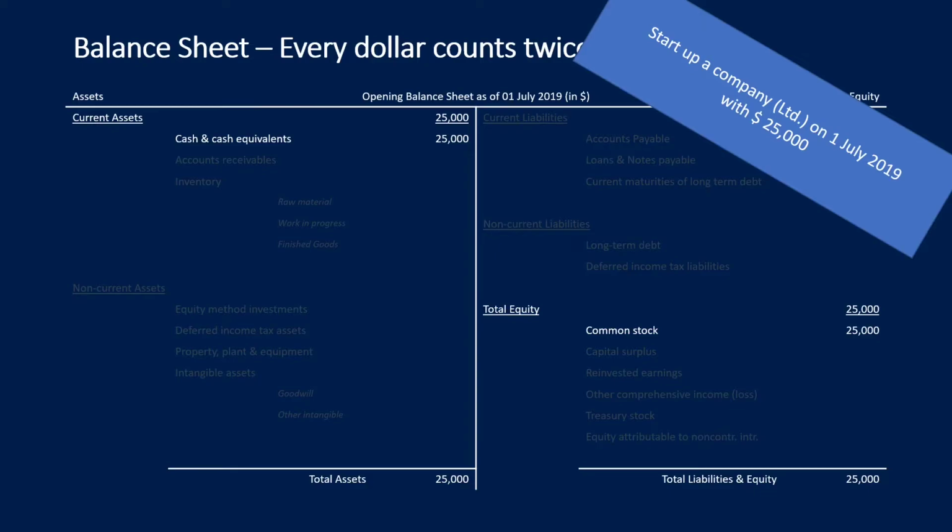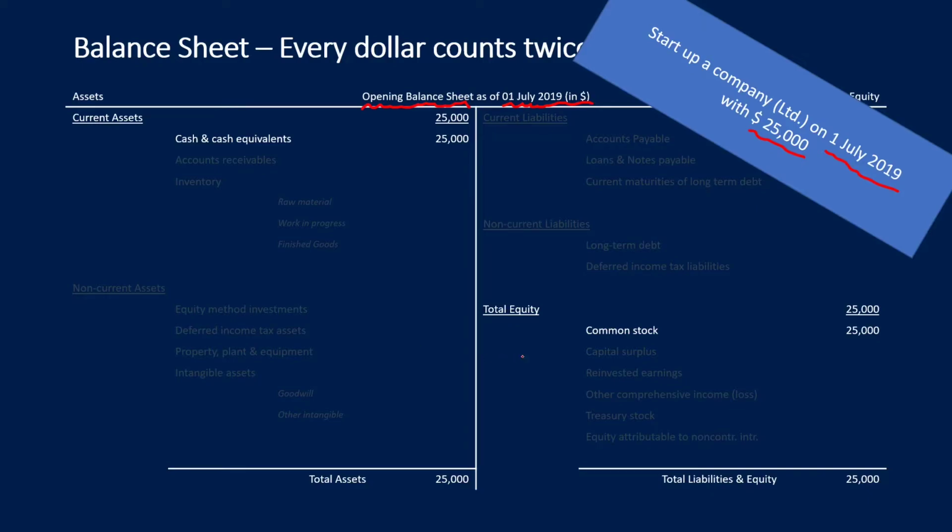If we start up a new company, let's say a little limited, on 1st July 2019, and we have raised some own money, let's say $25,000. And we now want to run this company, then we have to prepare an opening balance sheet. We see it here. This time it's an opening balance sheet. And this one is not prepared at the year's end, but this one is prepared exactly on that day where the company is started.